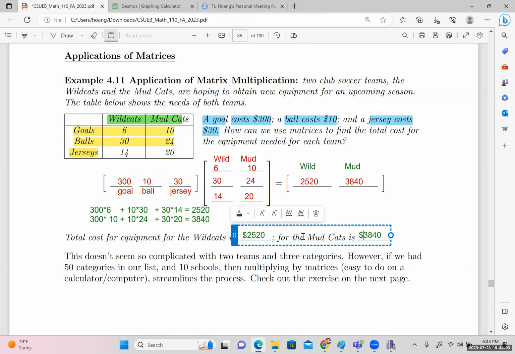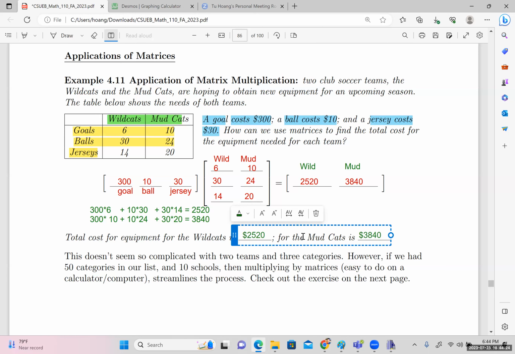And this doesn't seem so complicated with 2 teams and 3 categories. However, if we had 50 categories in our list and 10 schools, then multiplying by hand is hard, but it is easy to do on a computer, which streamlines the process.